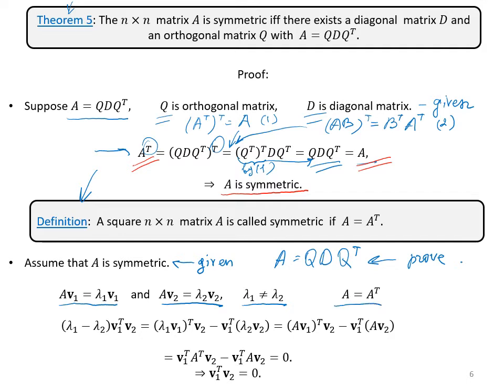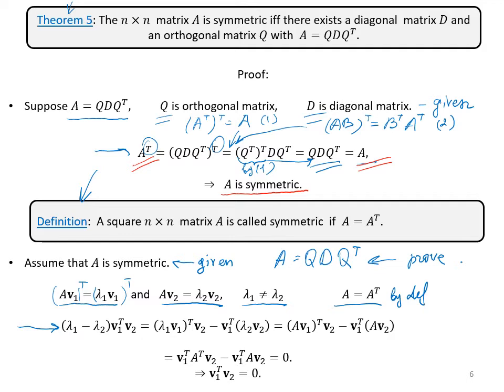So, by definition of a symmetric matrix, our matrix A equals transposed matrix A. So, by performing some calculations, it can be done differently, but one way to think about it, we can consider, for example, this expression, transpose it, multiply by V2 from the right, and then perform some calculations.